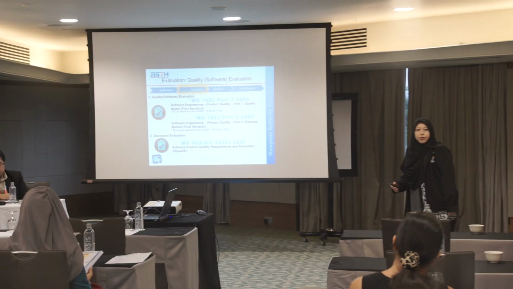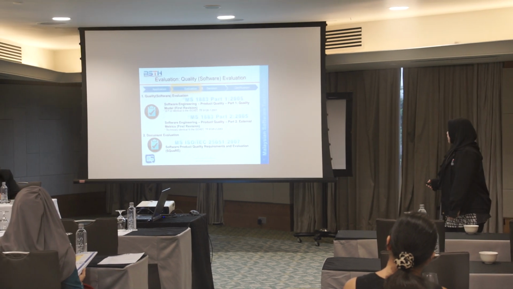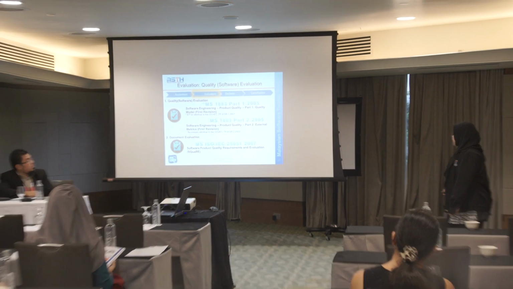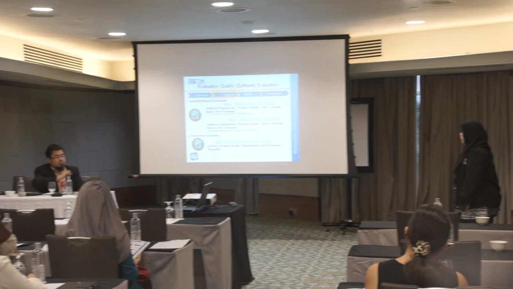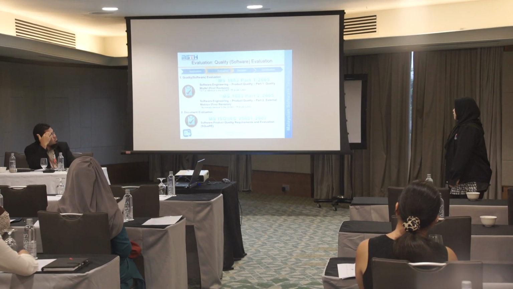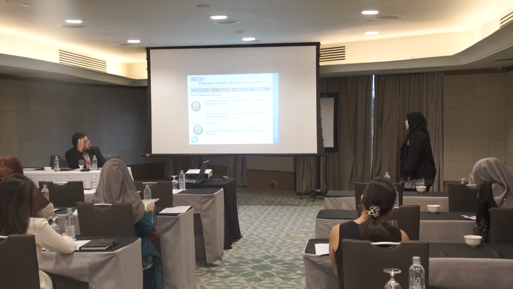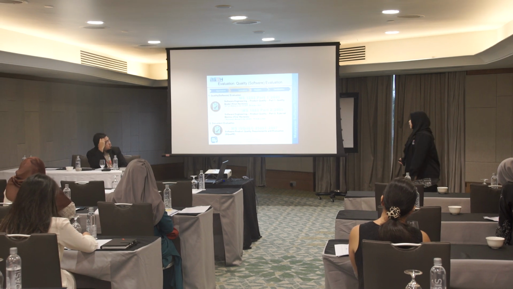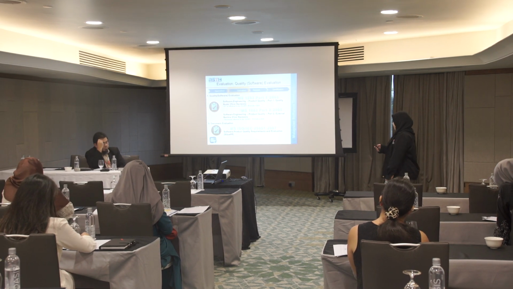So these are the standards that we use to evaluate the software. And for document, we use MS ISO IEC 25051. This is actually software product quality requirements and evaluation, under the 25010 series.